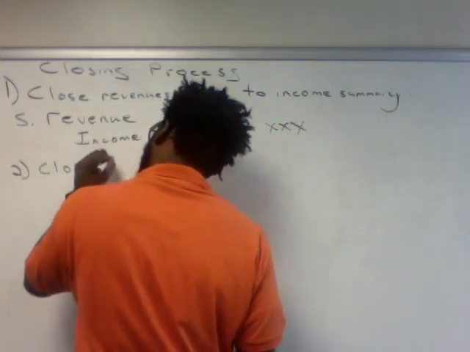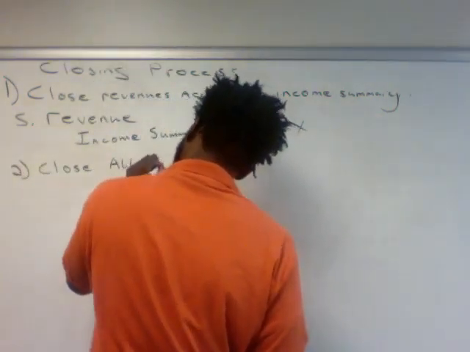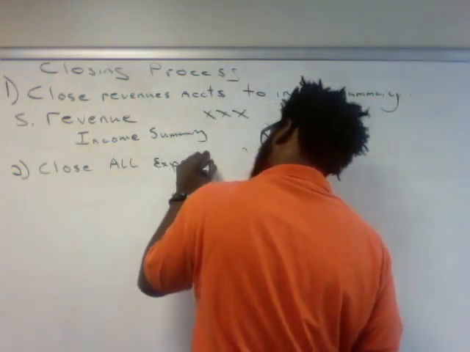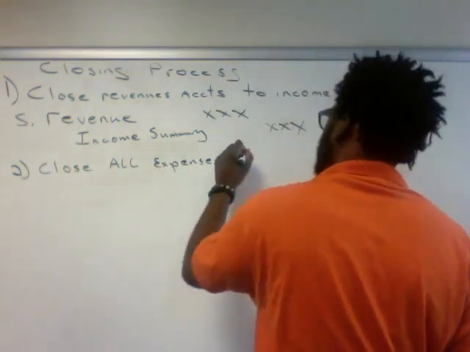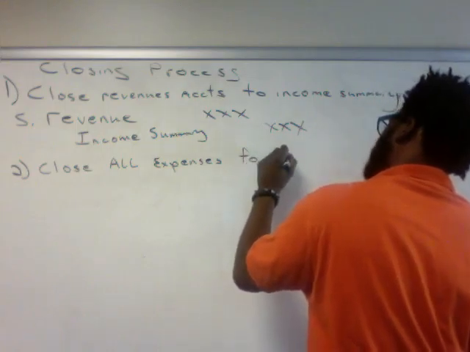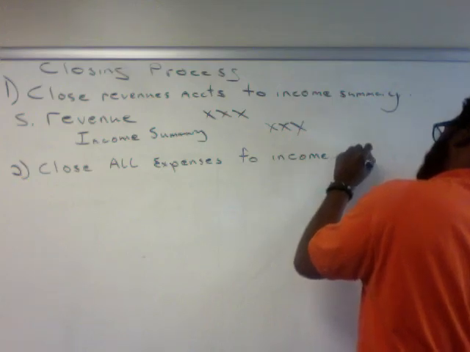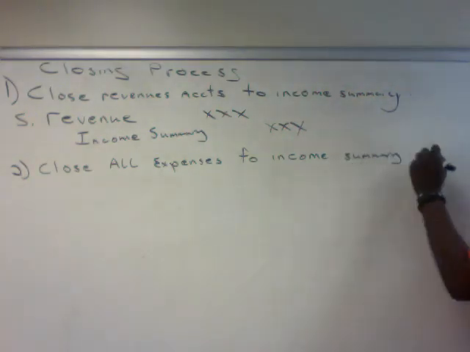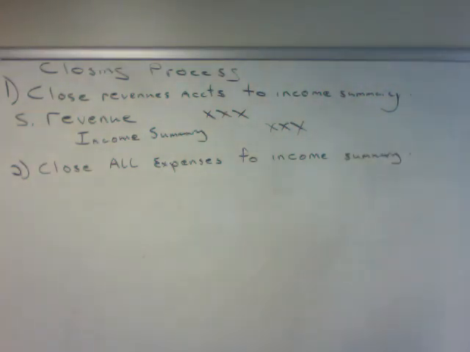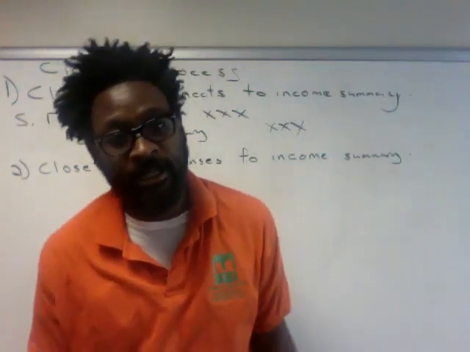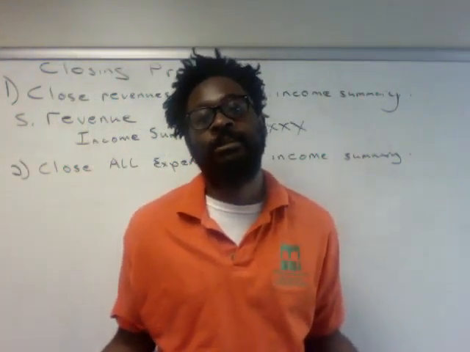Step two, close all expenses to income summary. So what do I mean by close all expenses to income summary? Basically what I'm saying is that we have several expense accounts.